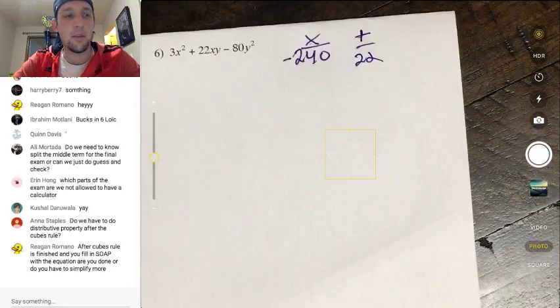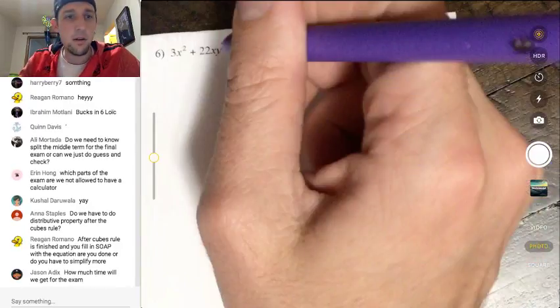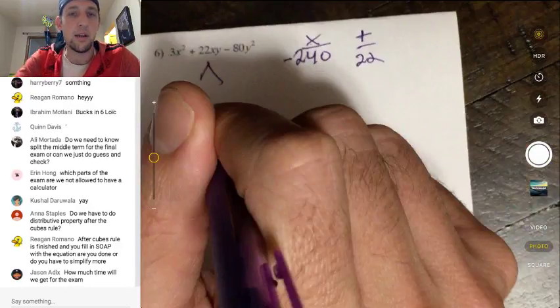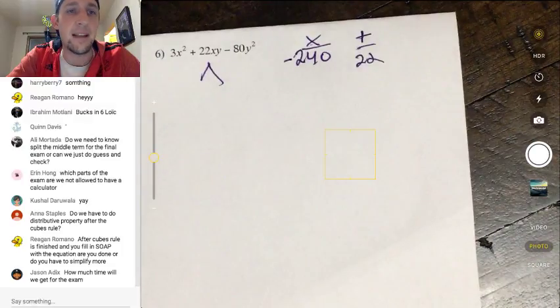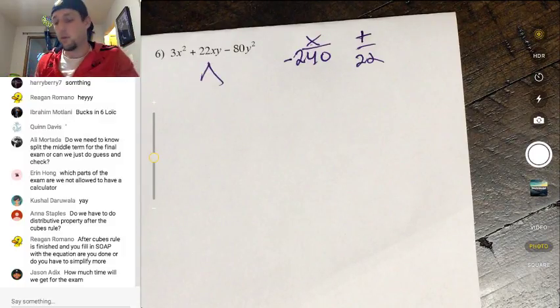The big major difference here is that when you split up this middle term, you are basically going to have to put x's and y's on both of them. So let's look at what that looks like now.